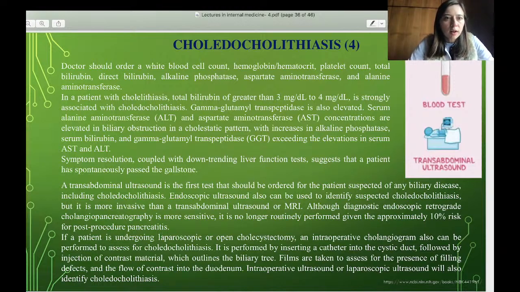Doctors should order a white blood cell count, hemoglobin, hematocrit, platelet count, total bilirubin, direct bilirubin, alkaline phosphatase, aspartate aminotransferase, and alanine aminotransferase.